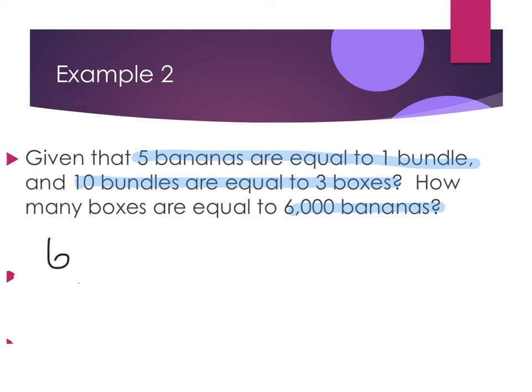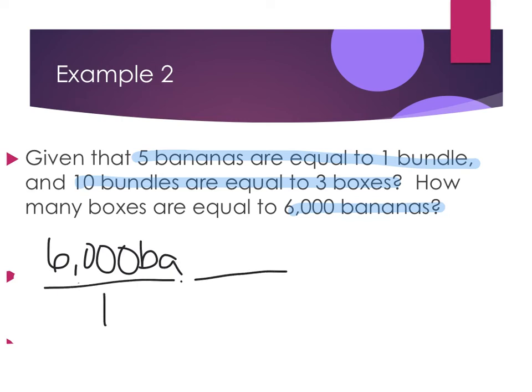So I'm going to start with 6,000 bananas, which I'll use BA for that, over 1. And then whatever I use in my first conversion factor must go in the bottom, BA. So I'm trying to convert to boxes, but I don't have any conversion factors that connect bananas to boxes. So what do I have bananas equal to? Bundles. So let's put bundles on the top.